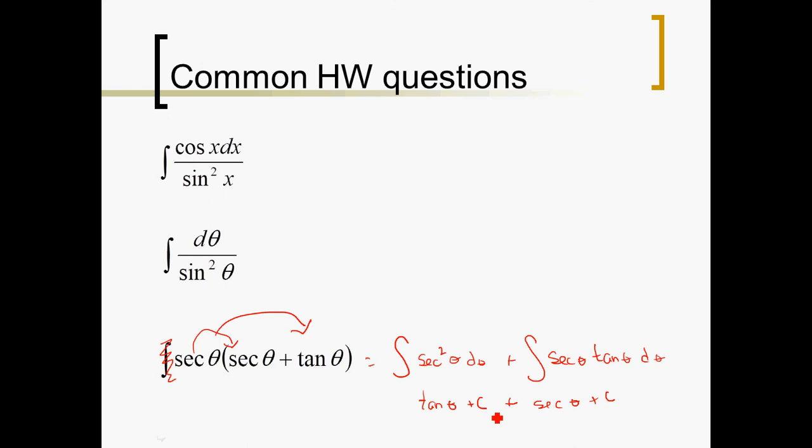Tangent theta plus a constant and secant theta plus a constant is just tangent theta plus secant theta plus 2c, but 2 times a constant is still a constant. Hey, that looks just like that. Crazy, right?